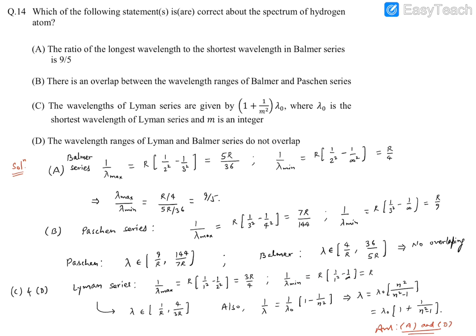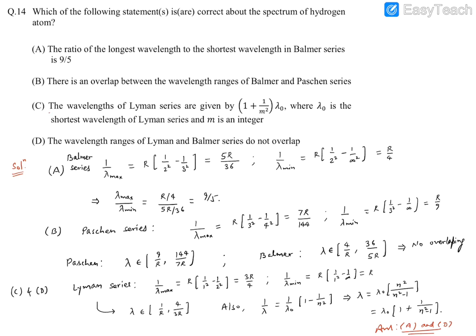So the Lyman series range is from 1 upon R to 4 by 3R, that means 1 upon R to 1.33 upon R. Option D says the wavelengths of the Lyman series and Balmer series do not overlap. You see the Lyman series runs from 1 upon R to 1.33 upon R, whereas the Balmer series goes from 4 by R onwards. Hence they are not overlapping. Hence option D is correct.